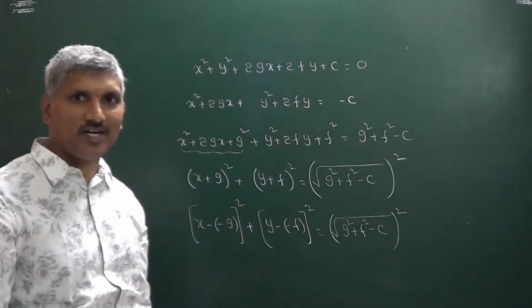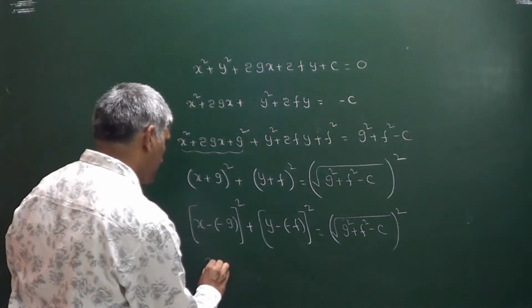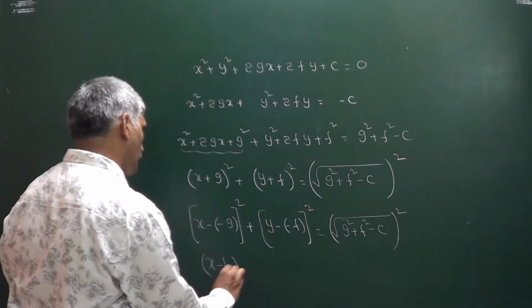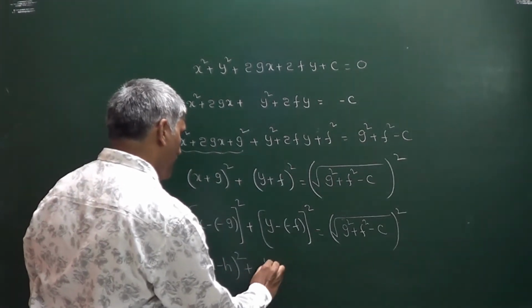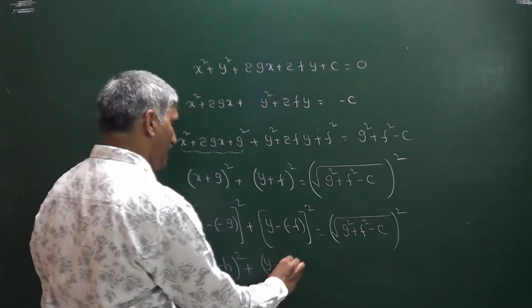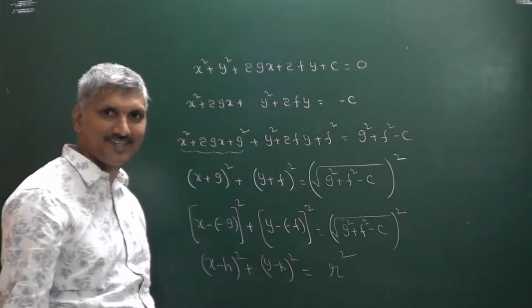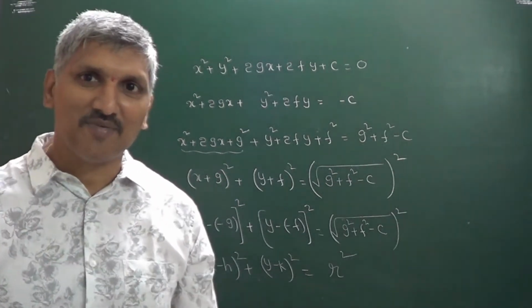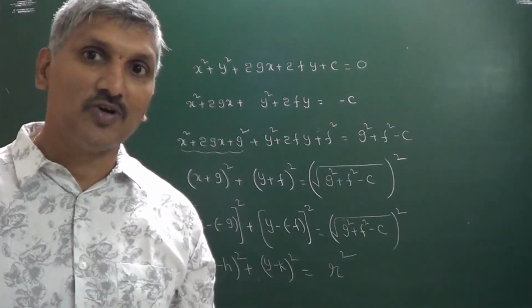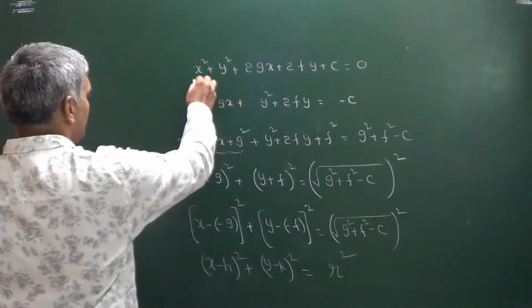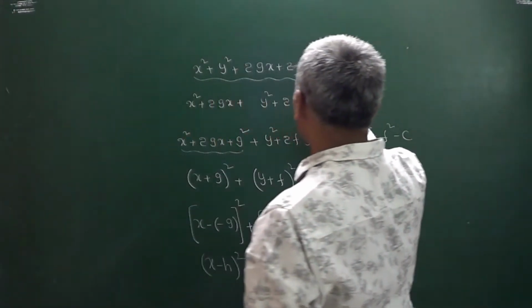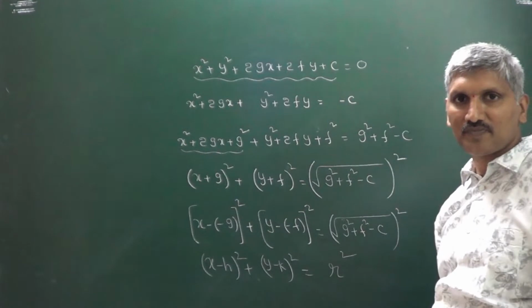Have you observed that this is in the form of (x minus h) whole square plus (y minus k) whole square equals r square, with the center (h, k) and radius r? So I can say this equation represents a circle.